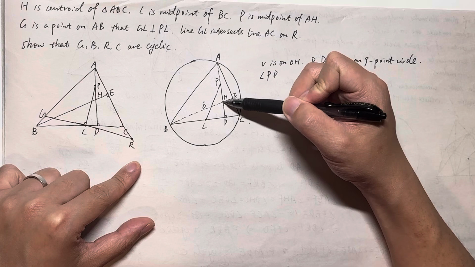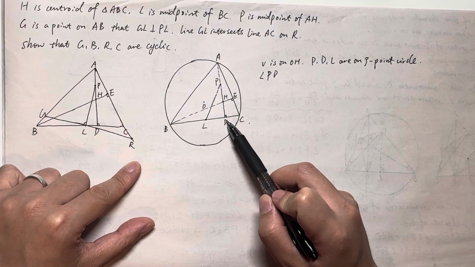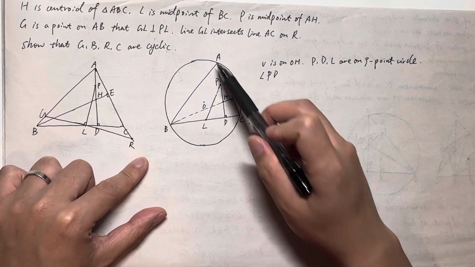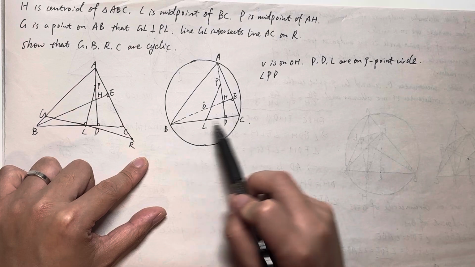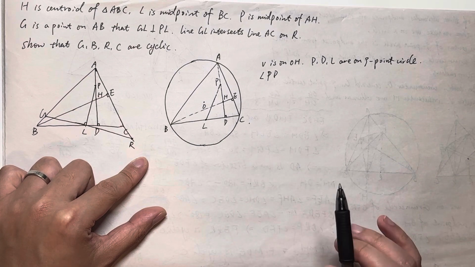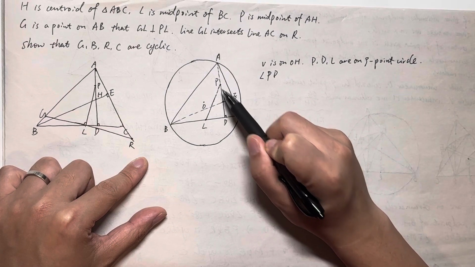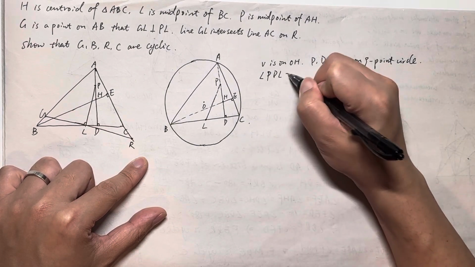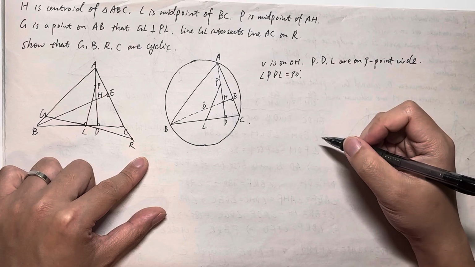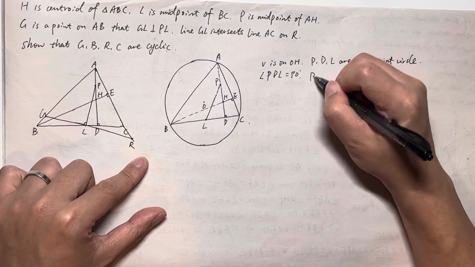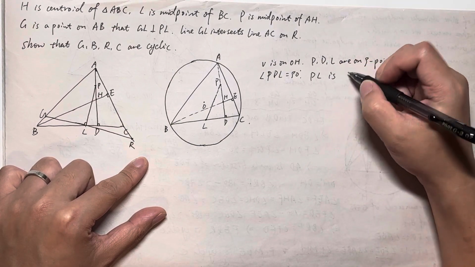P is the midpoint of AH, D is the foot of the altitude, and L is the midpoint of BC, so they are all on the 9-point circle. And we know that angle PDL equals 90 degrees, which means PL is a diameter.